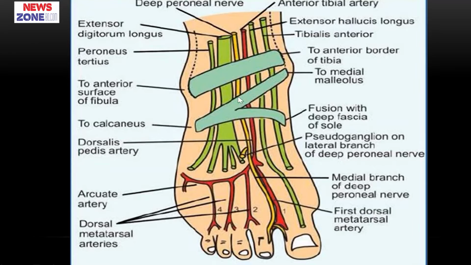In this figure, we can see the structures that are passing beneath the deep fascia. It is peroneus tertius, this is extensor digitorum longus, it is deep peroneal nerve, it is anterior tibial artery, it is extensor hallucis longus and this is tibialis anterior.